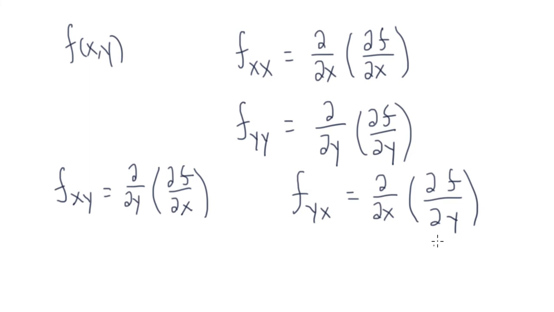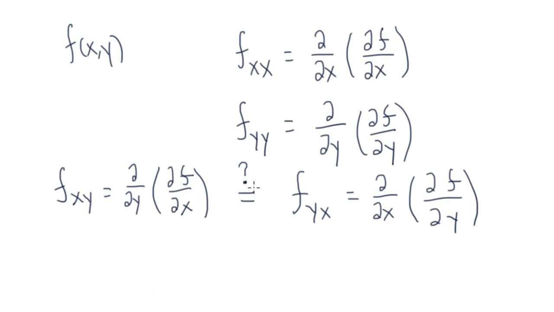Now notice the order here. Here I'm taking the partial derivative with respect to x first, then with respect to y. Here I'm taking the partial derivative with respect to y first, then with respect to x. And so the question is, are these the same thing?